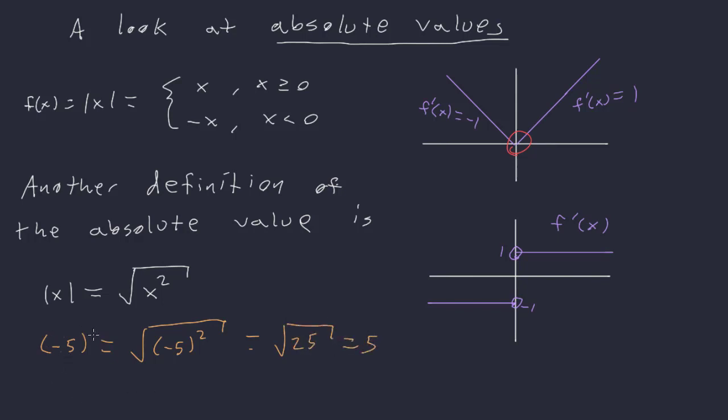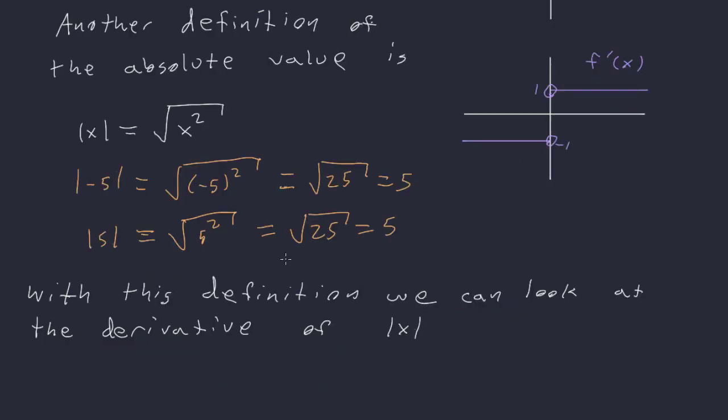And if you give it a positive 5, it's just going to take the square root of 5 squared, which is, once again, the square root of 25, which is 5. So this acts exactly like the square root of x squared. So when we just cancel this as x, we're actually doing ourselves a disservice because it has to be a positive x, or the absolute value of x.